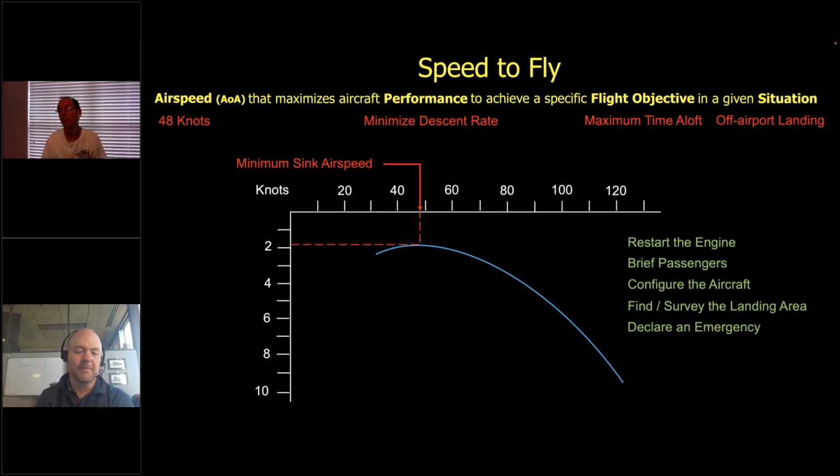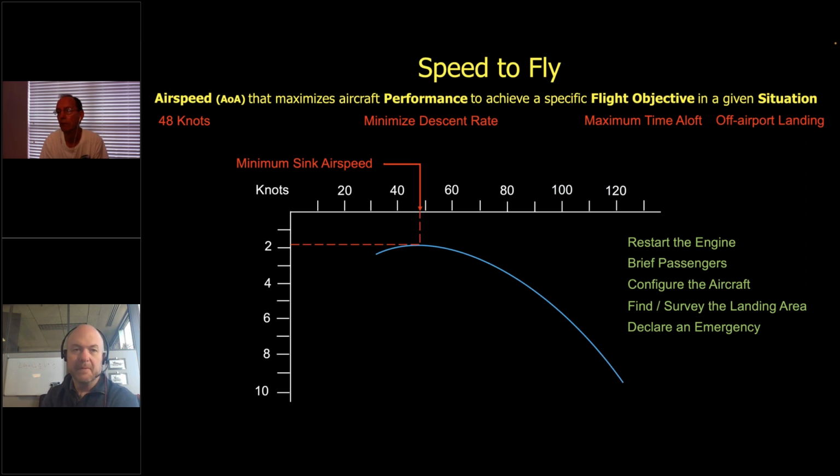In fact, once you determine what your minimum sink speed is, you can compare that to what your stall speed is in that same configuration, and you'll know how close you are to stall. So I think you'll have to determine it experimentally. So typically, it's not like you're on the edge of a stall trying to do this stuff. Well, certainly in a glider, where the speed range is less than it is in an airplane, minimum sink is reasonably close to stall.